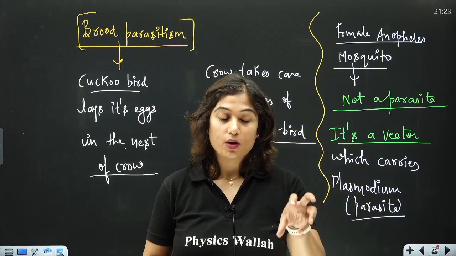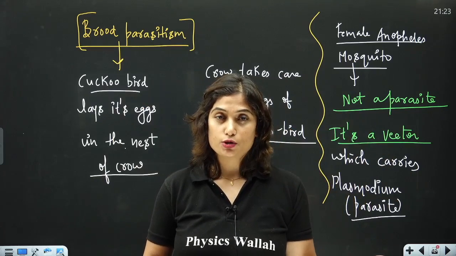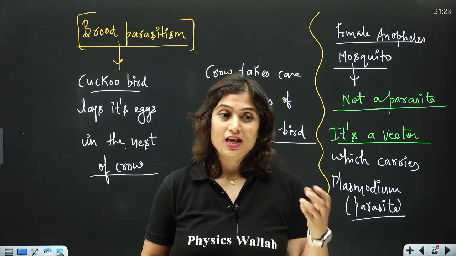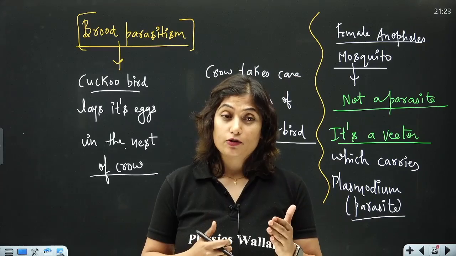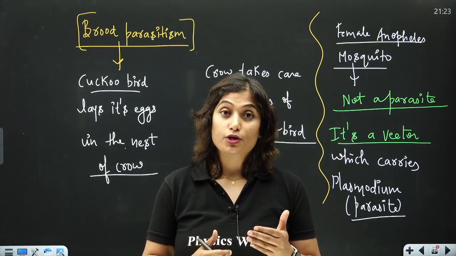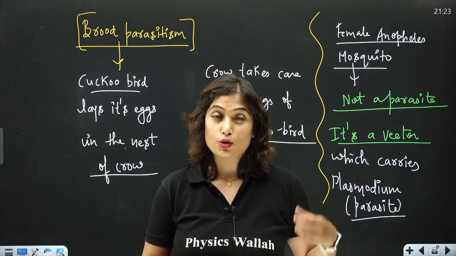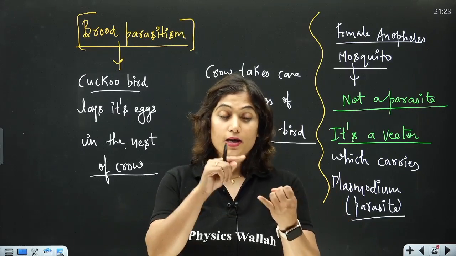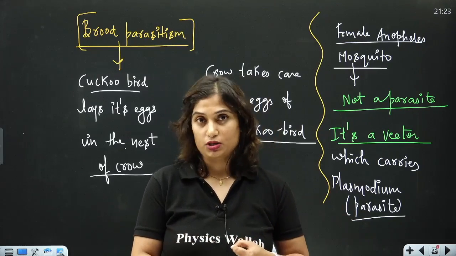When a parasite enters the host body, it causes various harms to the host. It reduces its immunity, its survival rate, and its reproductive rate. So the harms caused to the host by the parasite are reduction in the reproductive rate, reduction in survival rate, and reduction in immunity.